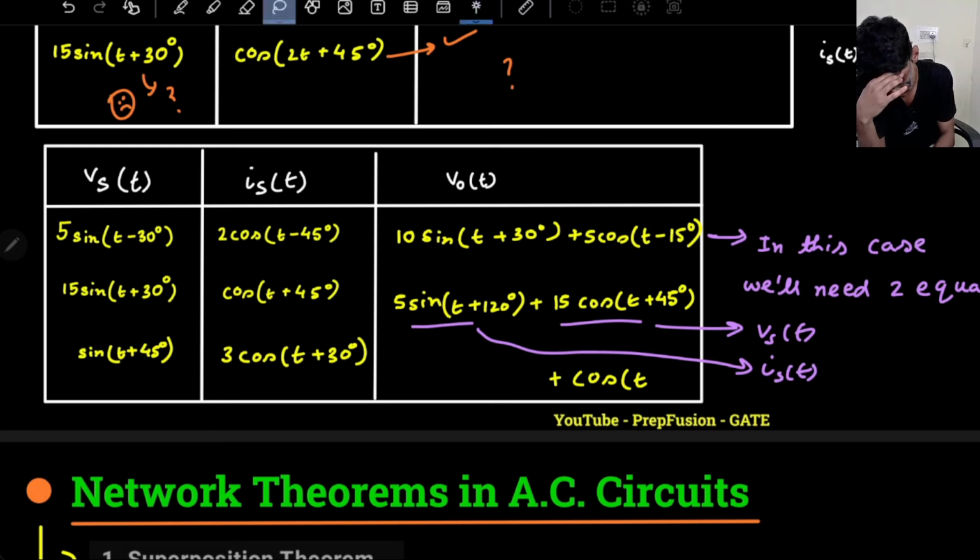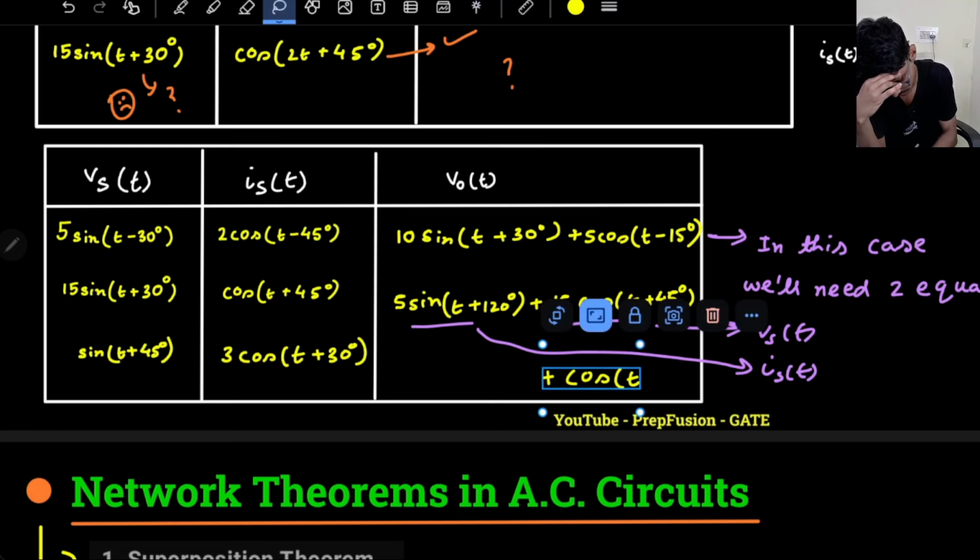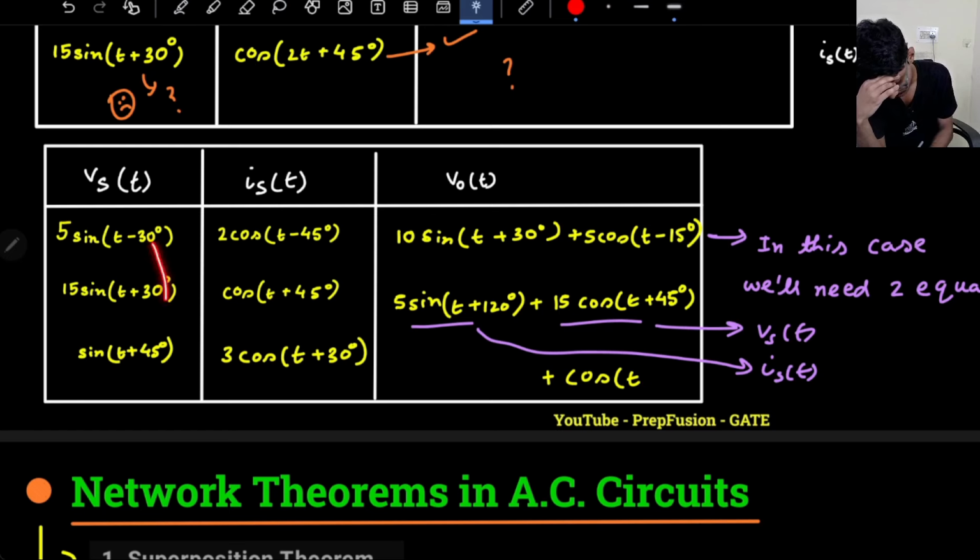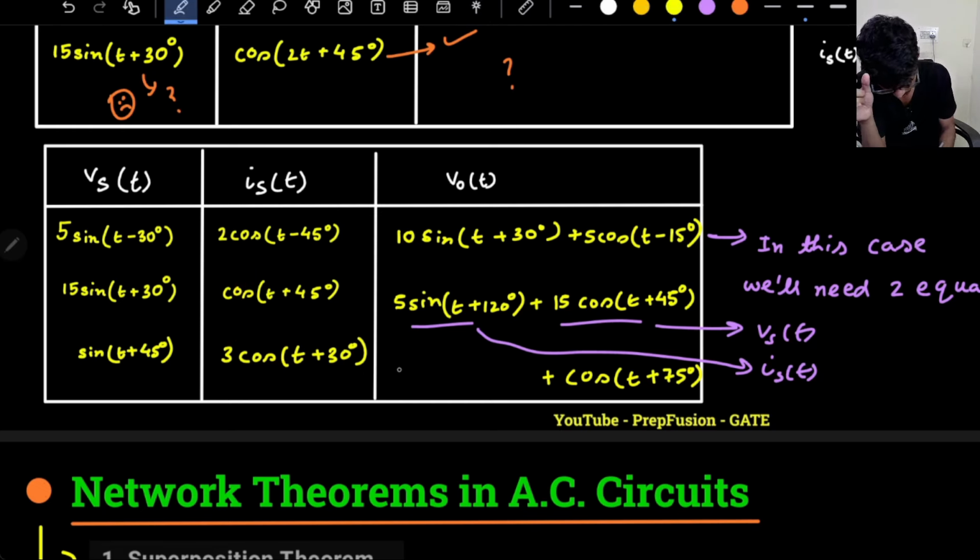So the phase, right, phase has changed to plus 75, so this will be plus 75. Okay, and for this current source, the amplitude factor is 2 by 3, right? So it will be 2 by 3 factor, so this will be 20 by 3.